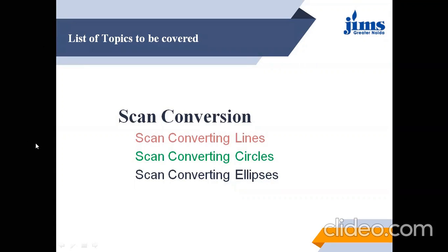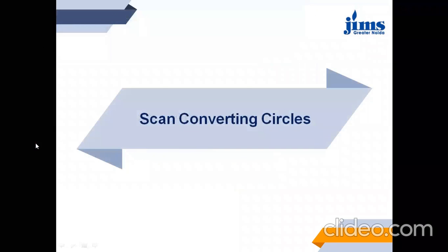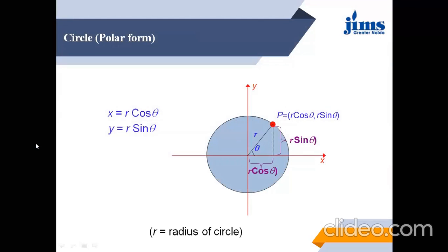One is scan conversion using Bresenham's algorithm, and the second one is using midpoint. Both of these are important. First we will see how we can find the different points in case of a circle.